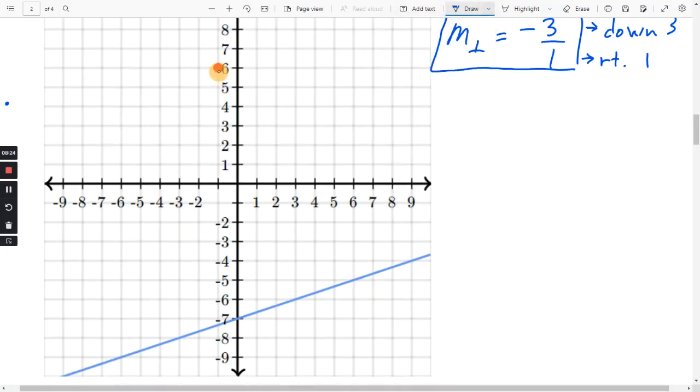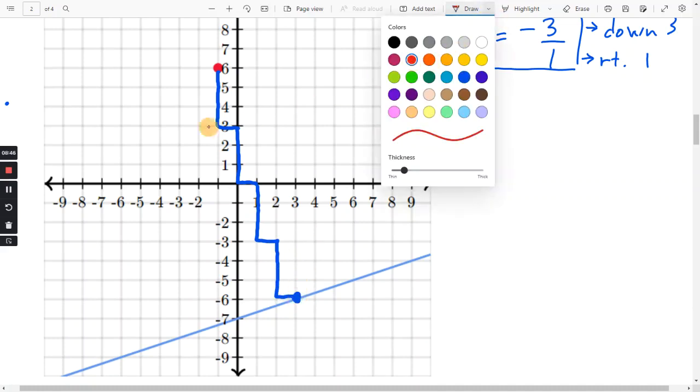Okay, down 3, 1, 2, 3, and right 1. Down 3, right 1. Down 3, right 1. And then down 3, right 1. So it hits the line at this point right here.